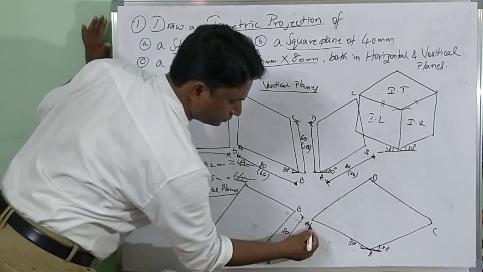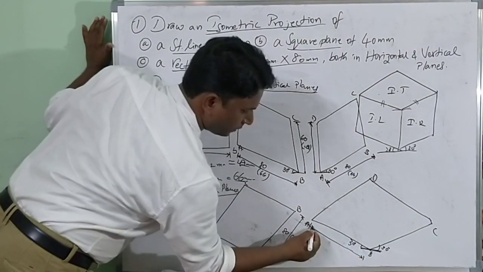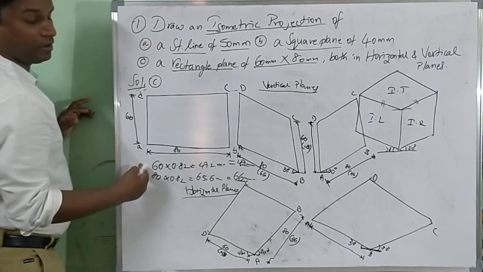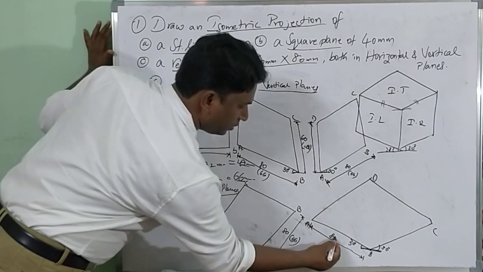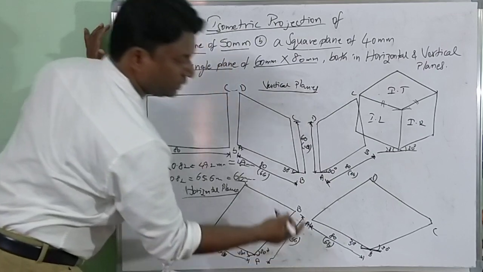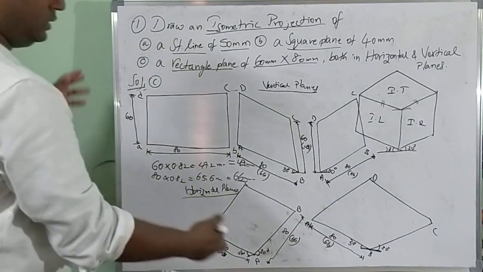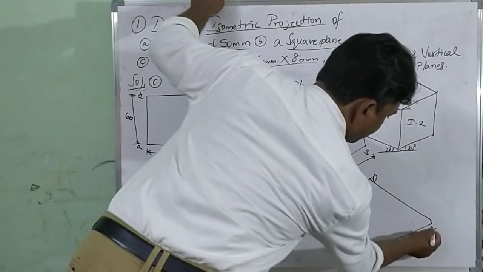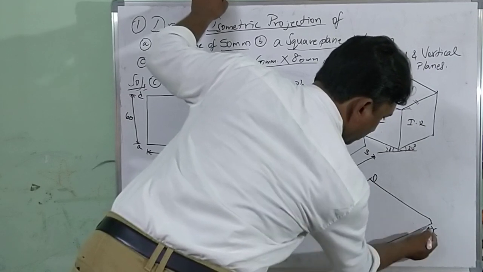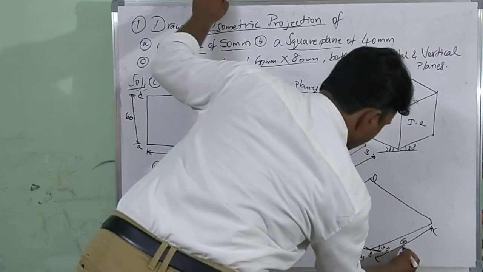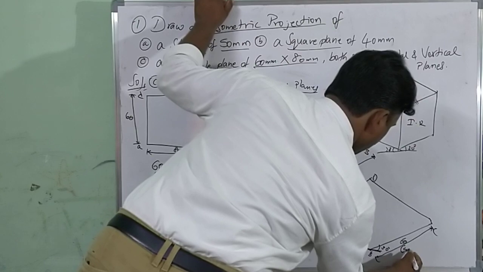Dimension clear? BA. What is BA? 80. But you have drawn 66. BC. What is BC? Dimension BC? 60. But you have drawn 49.